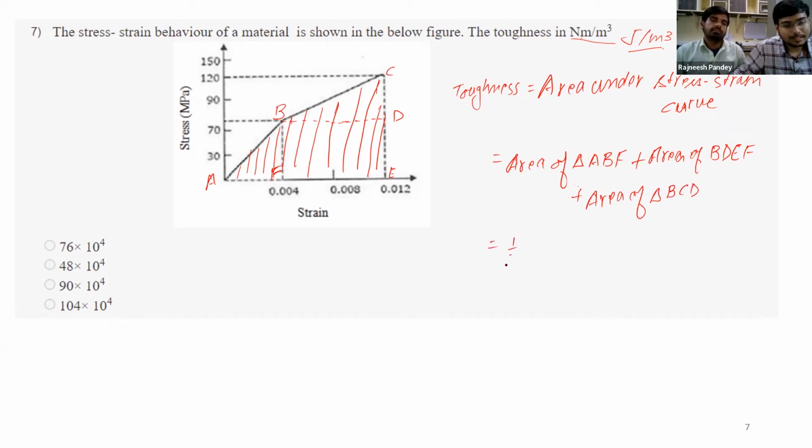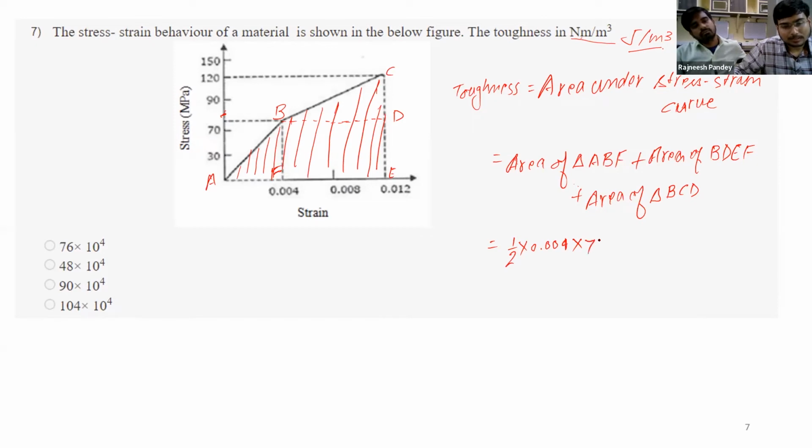If we take the values, the area of triangle ABF is half into base into height, and base here is 0.004, multiplied by the height. You can take the height to be close to 75 because it's obvious here, and roughly, since it is not given accurately, you could approximate it to 70 also. I will go with 75 for now.